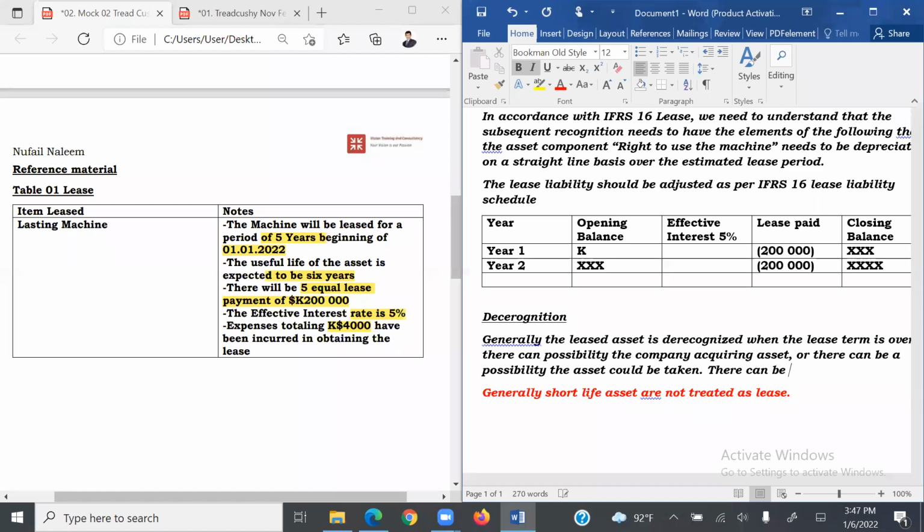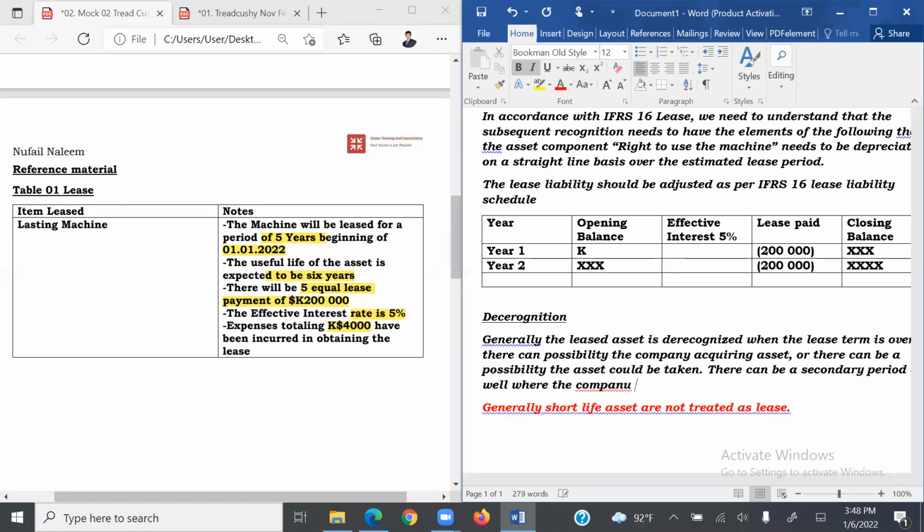There can be a secondary period as well, where the company is able to lease it for the balance 1 year. I believe this is giving you a better understanding at the moment, students.